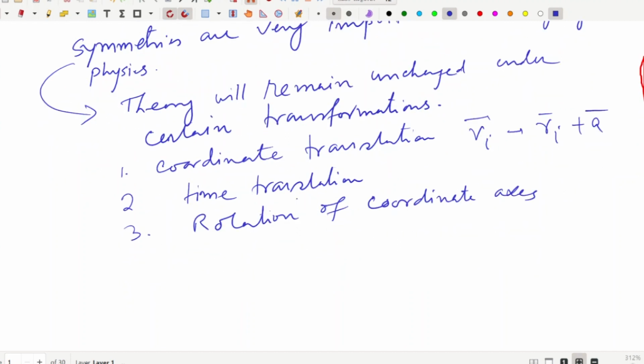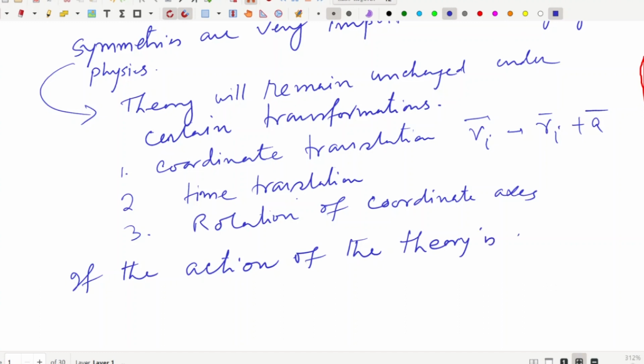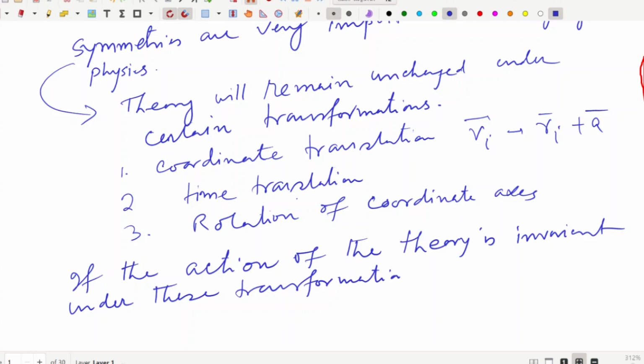We call it a symmetry if your Lagrangian, or more generally if the action of the theory, is invariant under this transformation.